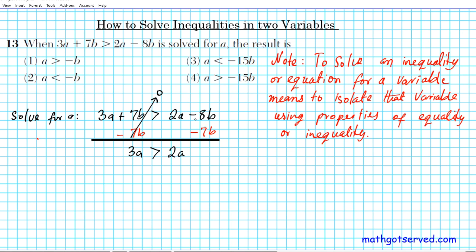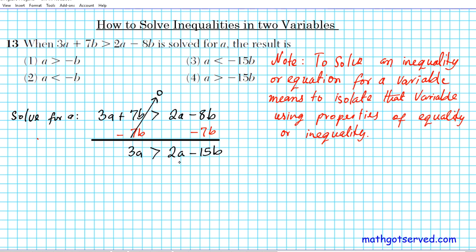Now, what is negative 8b minus 7b? The signs are the same. So when you're combining terms with the same sign, what do you do? You add and keep the sign. Preserve the negativity and add the coefficients. 8 plus 7 is 15, so it's negative 15b.